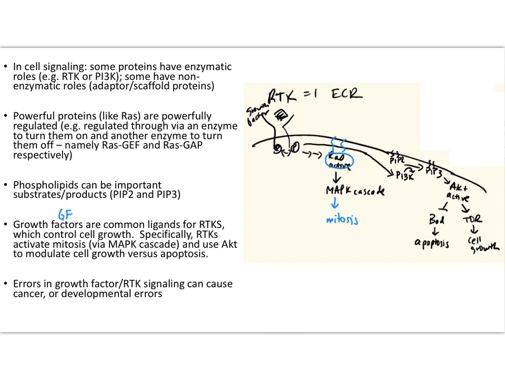This is a core part of an organism's life, as well as a cell's decision to live or die. Basically, any errors in growth factor signaling, in other words RTK signaling, can cause a variety of abnormalities, in particular cancer or developmental errors. For example, we talked about the type of dwarfism in which bones do not grow properly due to an error in fibroblast growth factor signaling.